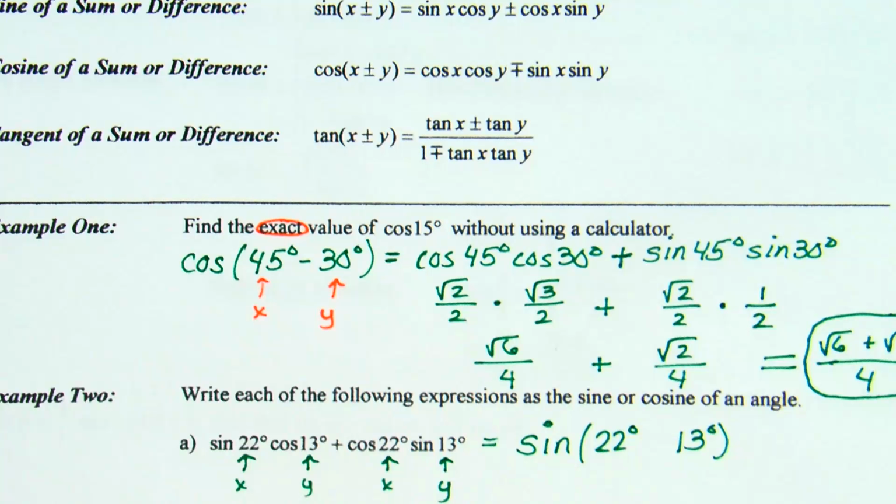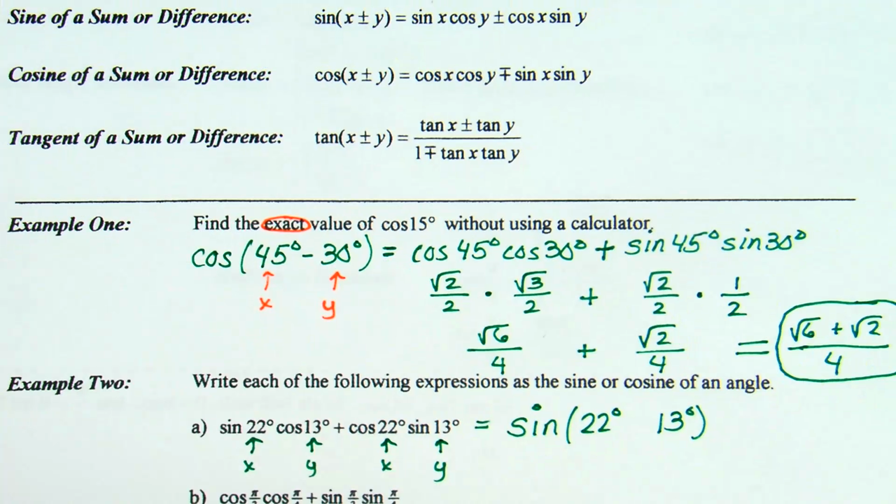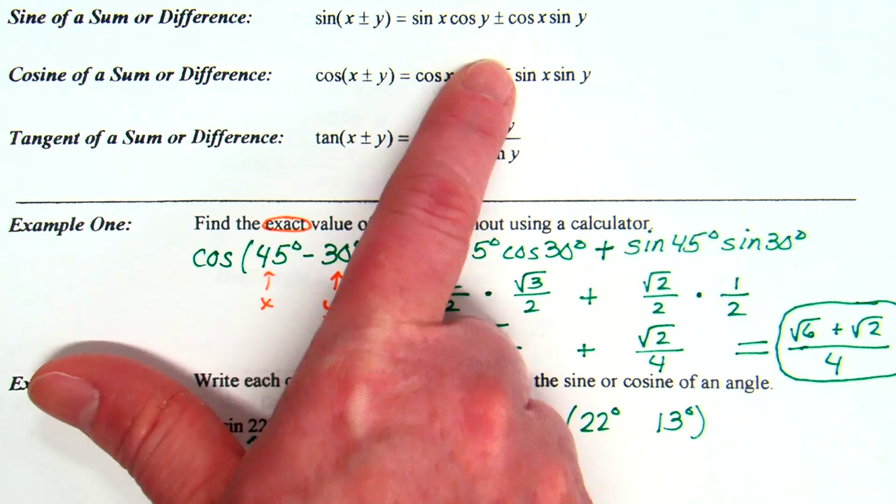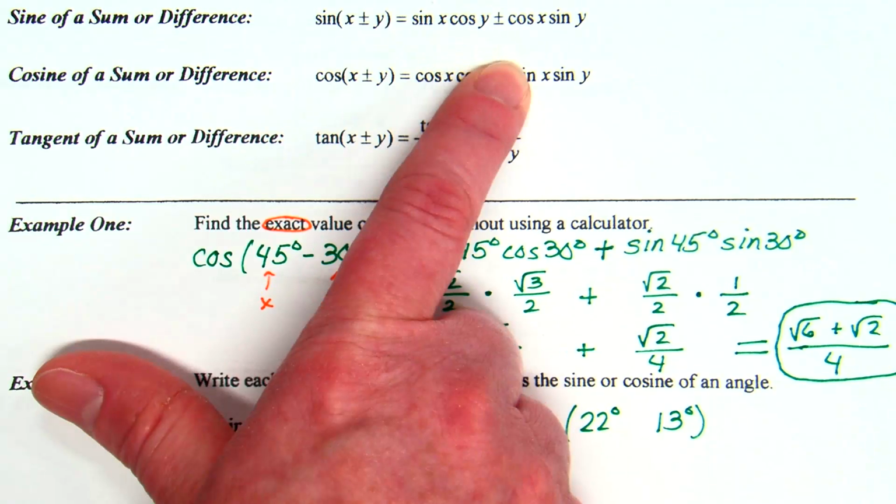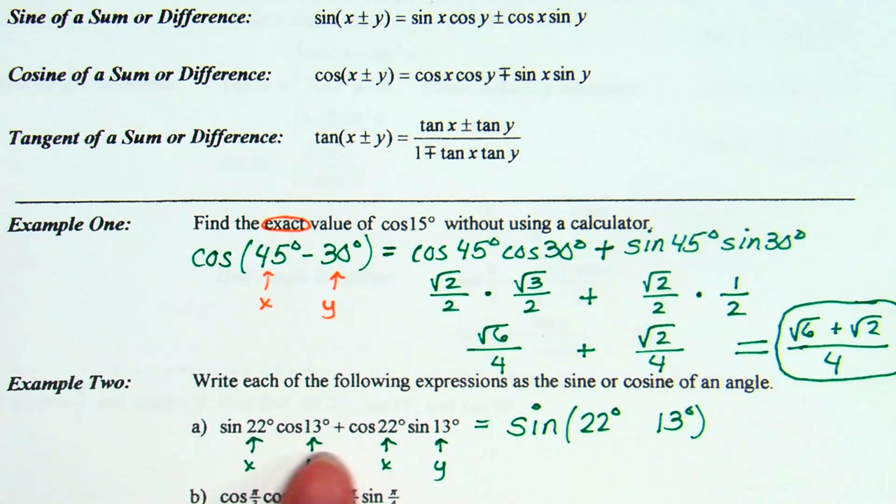And then one last important question. Plus, because it's sine. Levi says plus because it's sine. Do you agree? Yeah, plus, because it's plus. This is the sine identity, and up here it was plus minus, so you're using the same plus or minus sign. In this case, since it was plus, this is plus.